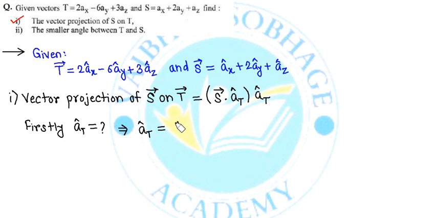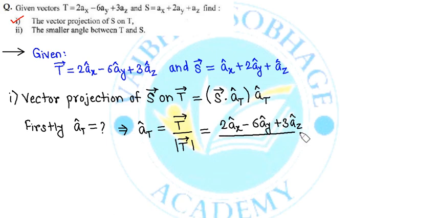So for that purpose, from the basic definition of unit vector, the given vector T divided by its magnitude will be your unit vector along T. What is your given vector T? We have that value given as 2ax cap minus 6ay cap plus 3az cap, divided by its magnitude. So what is its magnitude? That will be the square root of 2 square plus minus 6 square plus 3 square.